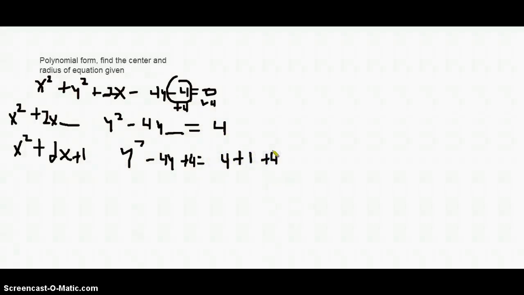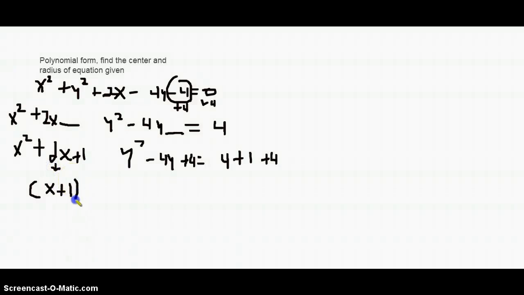And then from here, we're going to factor. Basically it's going to be (x plus 1), because 2 divided by 2 is 1. That's where, when we squared, we got the completing factor. Since we're taking what we divided by and putting it in here, we're just dragging that down.